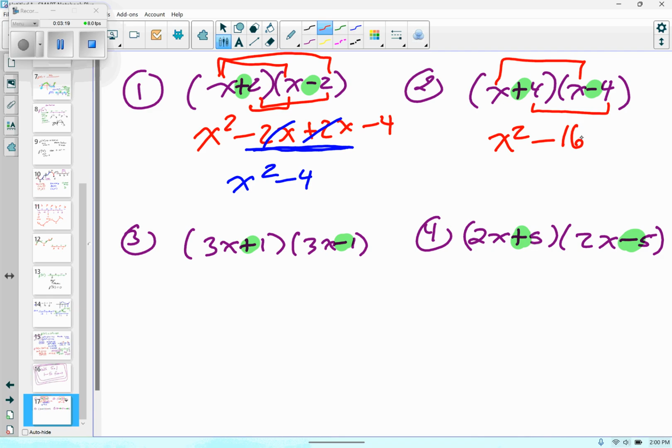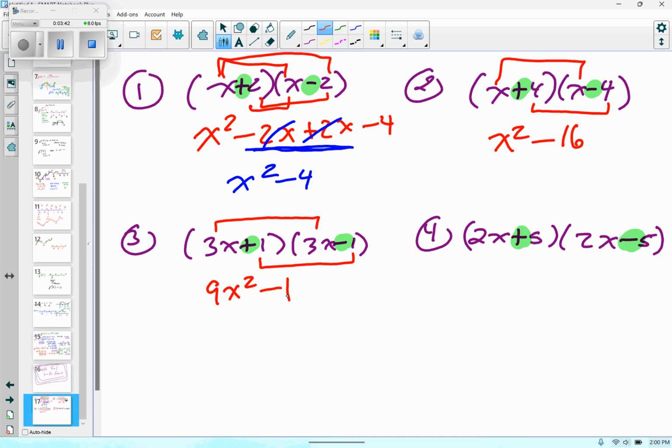Negative 16. Okay? If I multiplied the rest of it out, I'd get a minus 4x and a plus 4x. So there's no reason to. So here, 3x times 3x, that's 9x squared. 1 times negative 1 is negative 1. That's it.